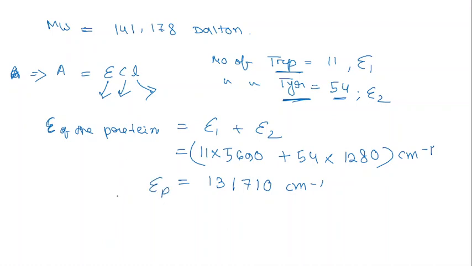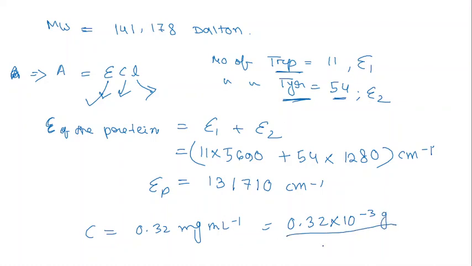Now the concentration they provided is 0.32 milligram per ml. So 0.32 times 10 to the power minus 3 gram divided by 10 to the minus 3 liter means 0.32 gram per liter.